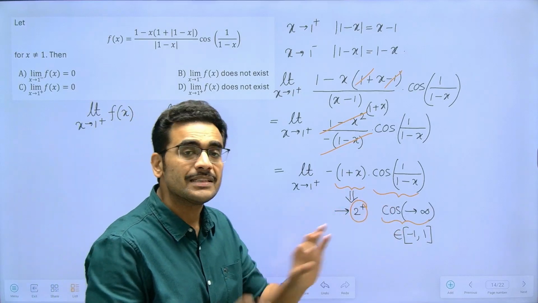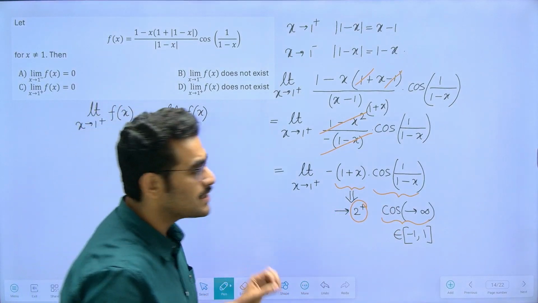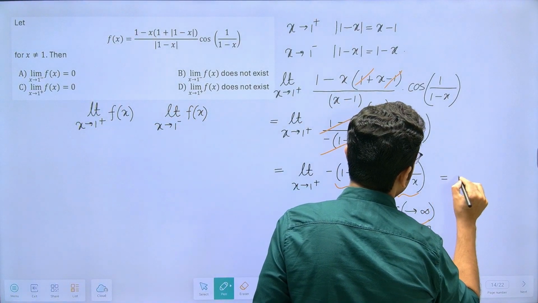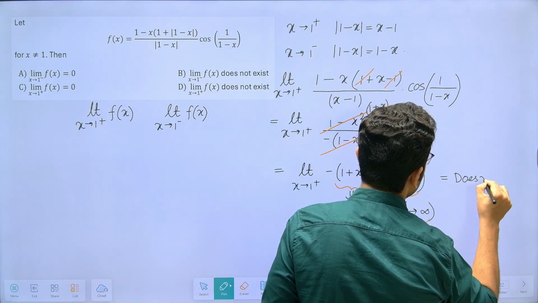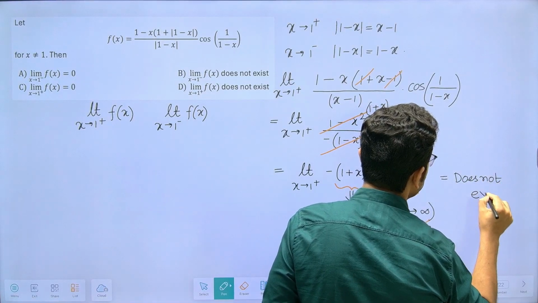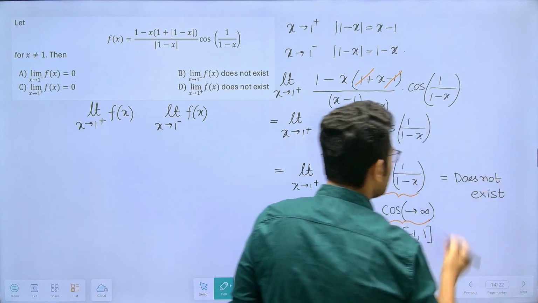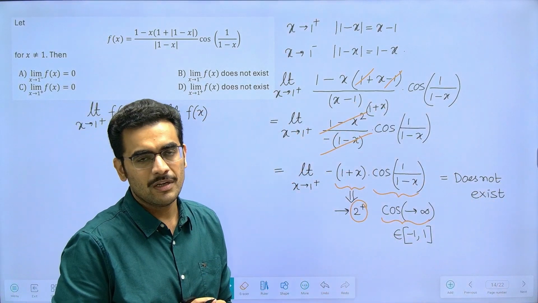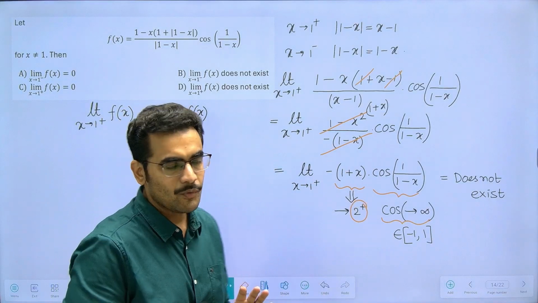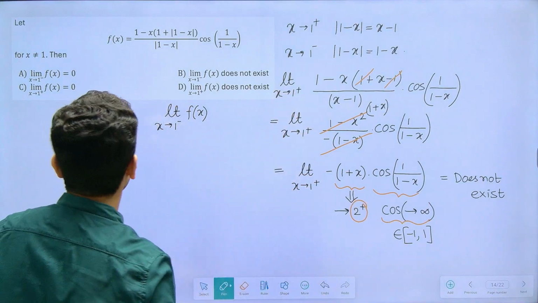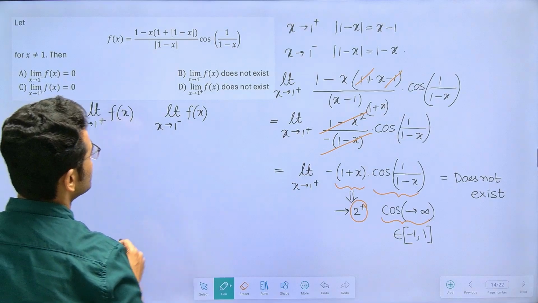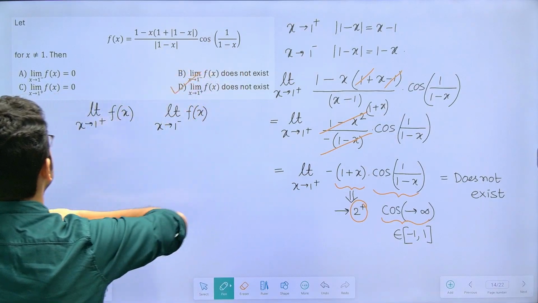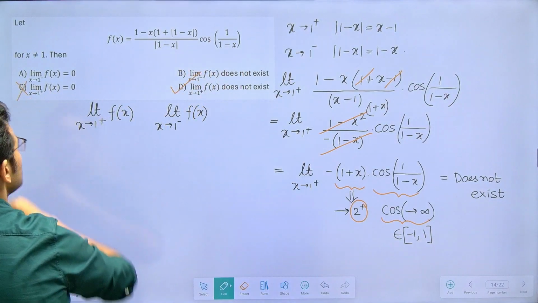So this product has no tendency in the limiting sense. So we'll say that this limit does not exist, because the value is just oscillating, right? So limit x tends to 1 plus does not exist. Option D is correct and option C is false.